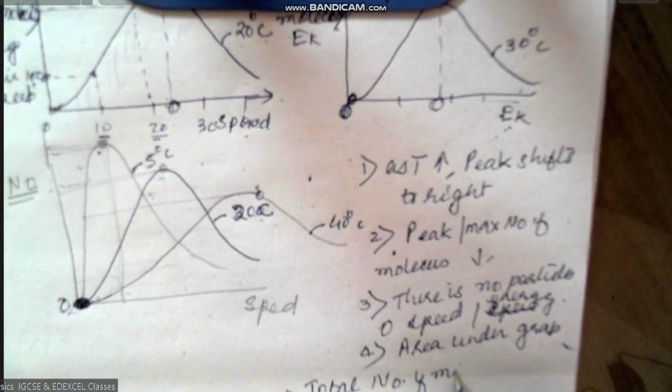One more final point: the area under the graph remains the same. What does the area show you? The area under the graph gives you the total number of molecules.